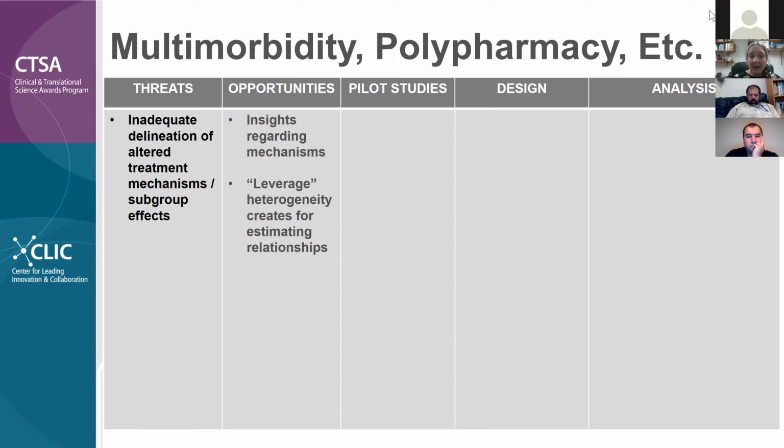They create actually more heterogeneity among individuals, which can create statistical leverage. Those of you who've taken a year of statistics have encountered that term. Basically it spreads people out in a way that can add power for detecting relationships.